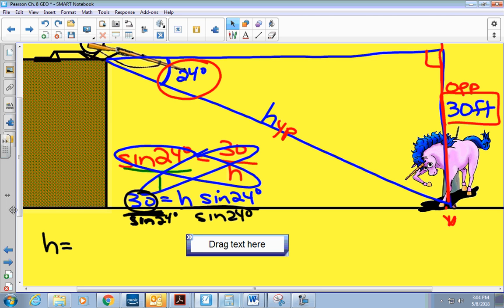The only difference is, instead of putting the sine first, you'll type in the 30 first, then divided by, and then sine of 24.